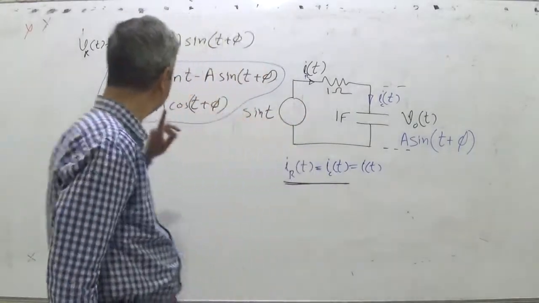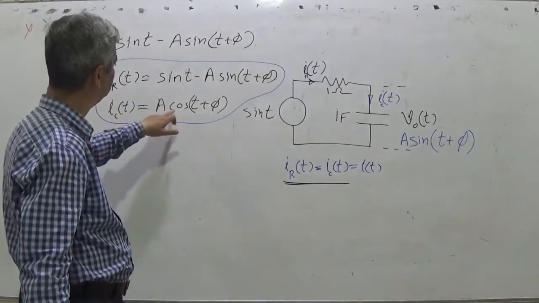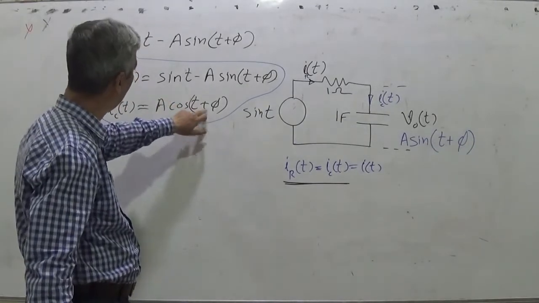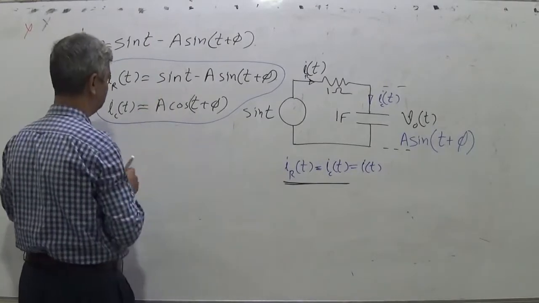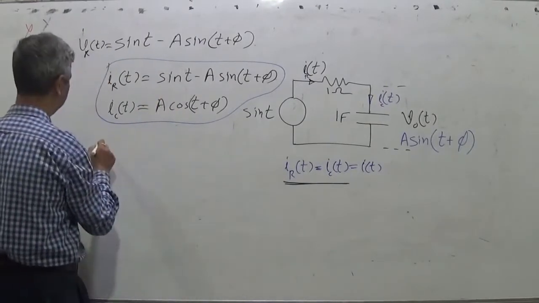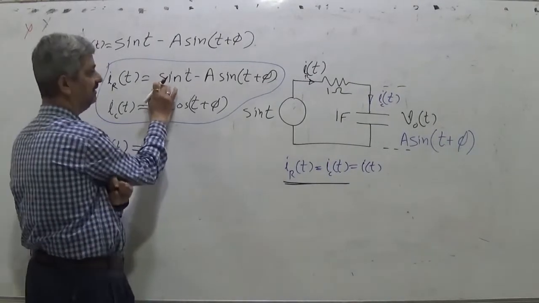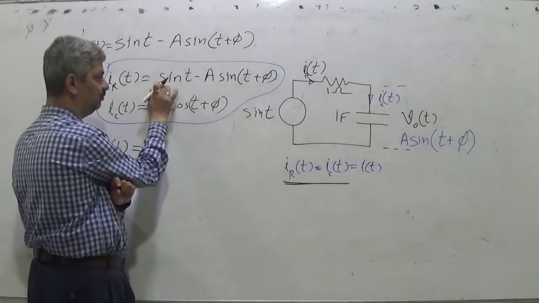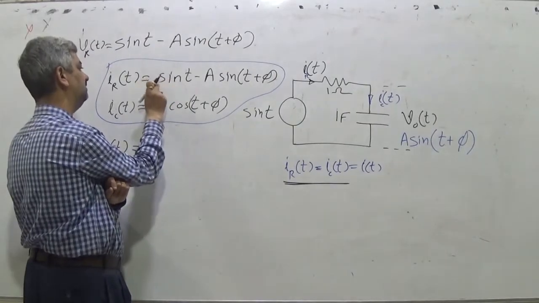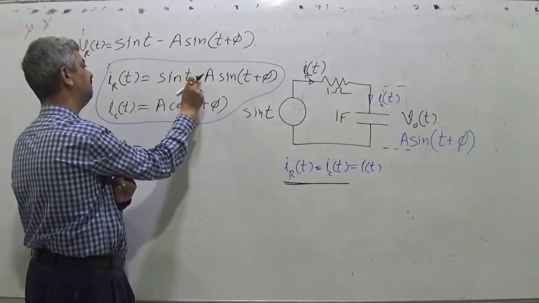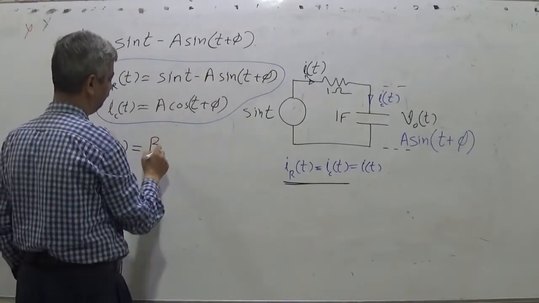And this is A cos(t + φ), which you can convert to sine again, or you can find this i_R(t) by 1 sin(t + 0) minus A sin(t + φ).